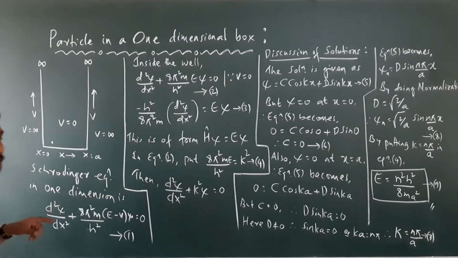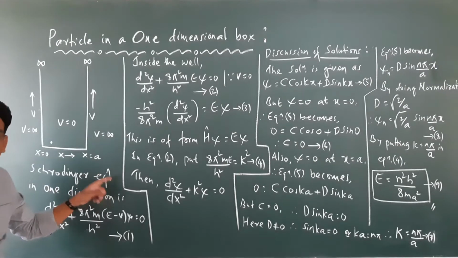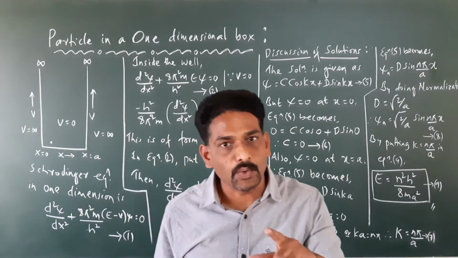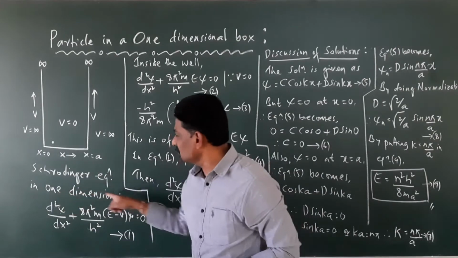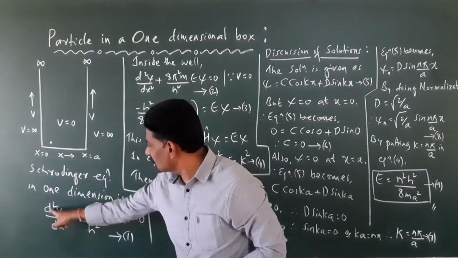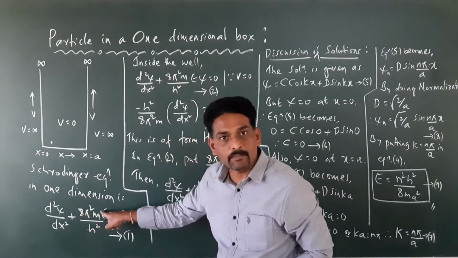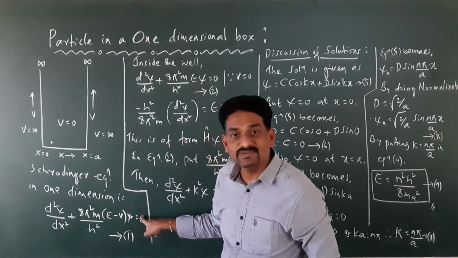As per the Schrodinger equation, what is the Schrodinger equation? We are taking the Schrodinger equation in only one dimension. Therefore, the Schrodinger equation in one dimension is d square psi by dx square plus 8 pi square m divided by h square, into E minus V, psi equals 0.